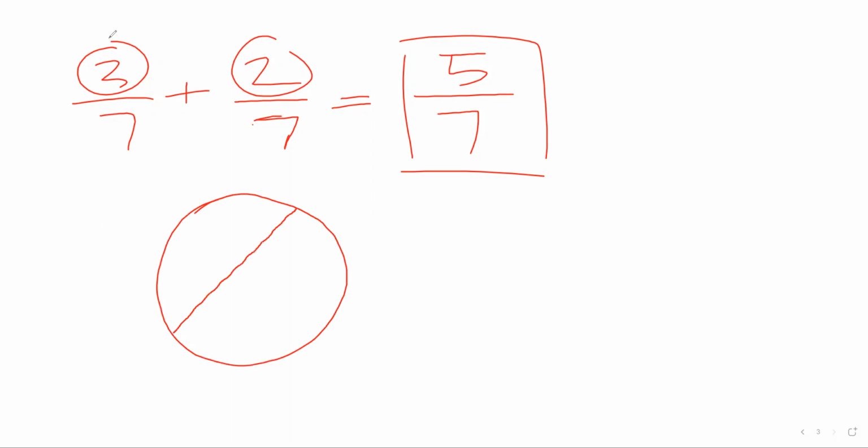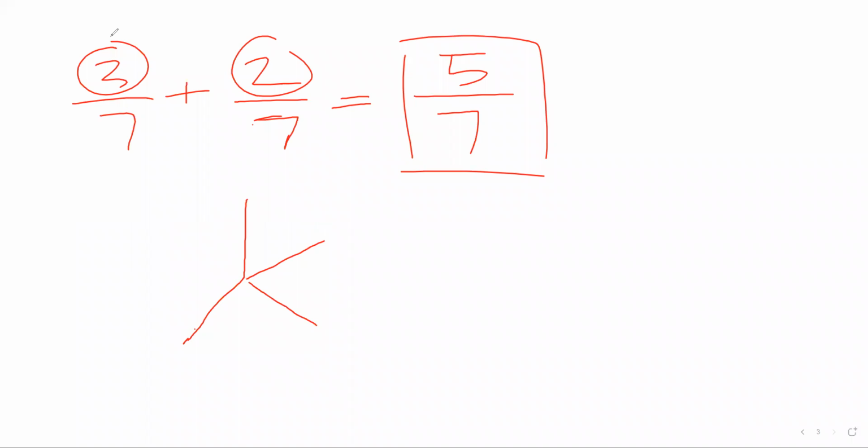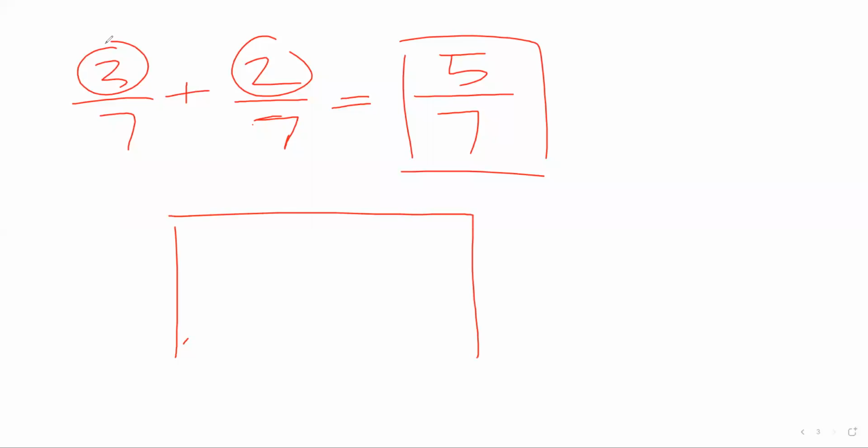Oh, I don't even know how to do that. I'm going to have to do a square pizza, plus my screen's glitching.